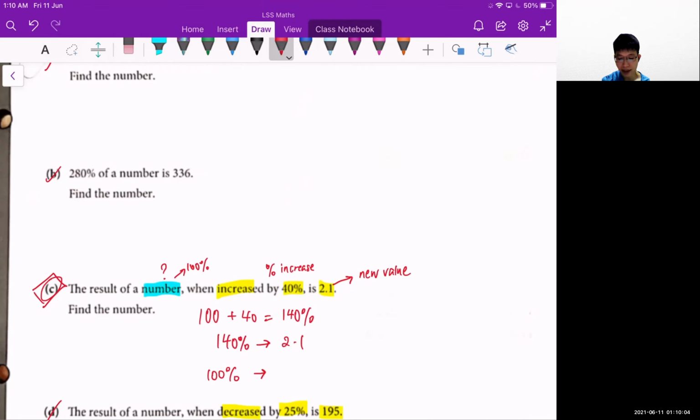And now, since I know that 140% represents 2.1, I want to find what is 100%. So I take 100 over 140 times 2.1. When I calculate, this should give me 1.5. So this is my original value.